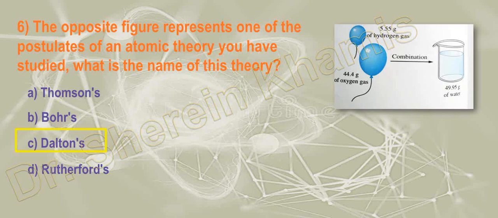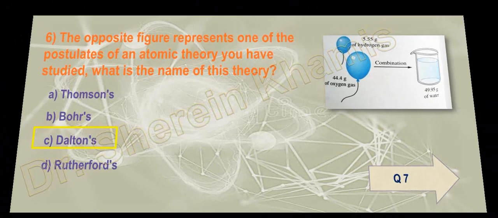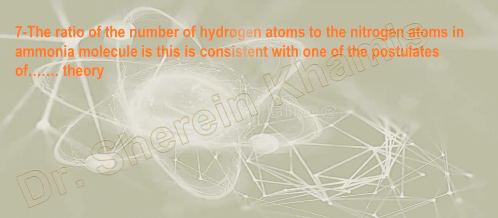Okay, let's go to question number 7. Question number 7 says that the ratio of the number of hydrogen atoms to the nitrogen atoms in an ammonia molecule is constant, in agreement with one of the postulates of which theory?